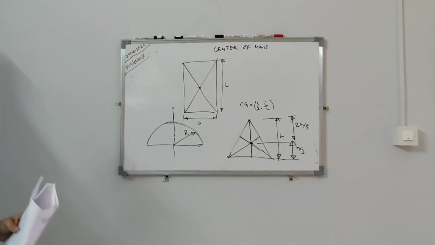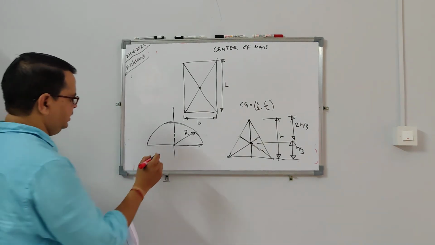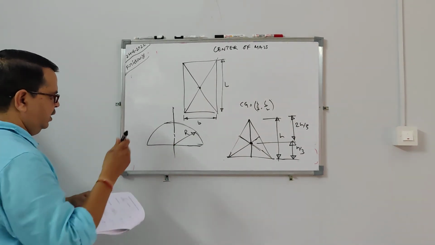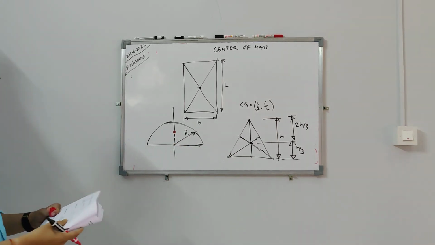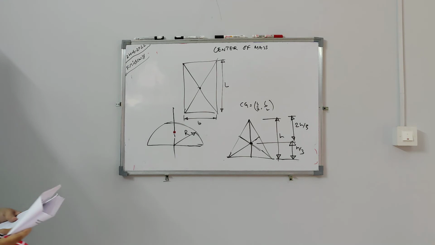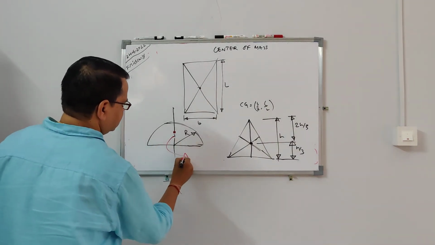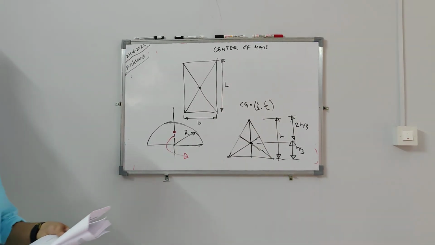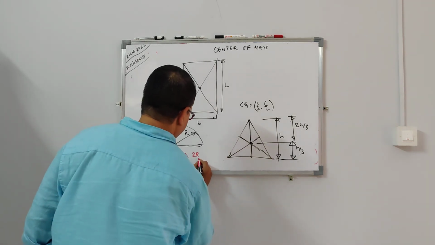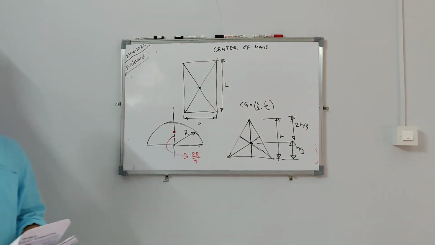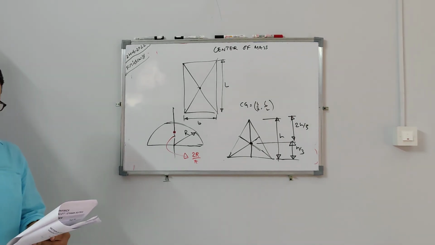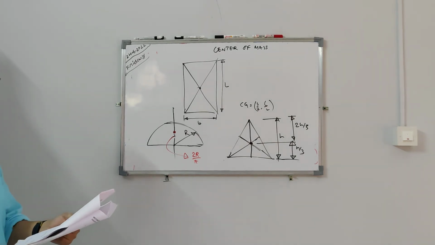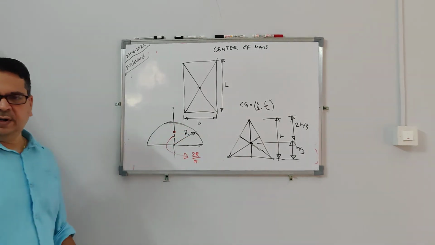My CG will be somewhere here, and the distance of the CG from the base will be 2r by pi. Just remember this, 2r by pi, where r is the radius, for a semicircular ring.